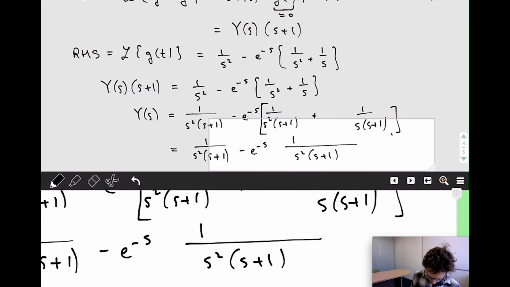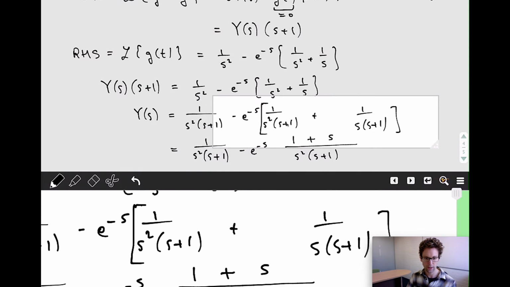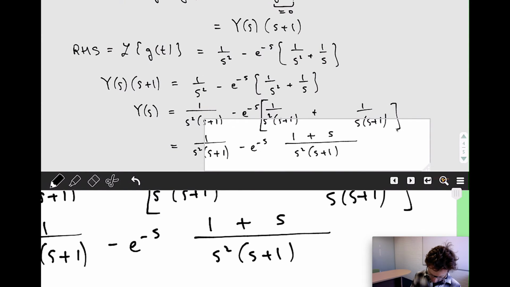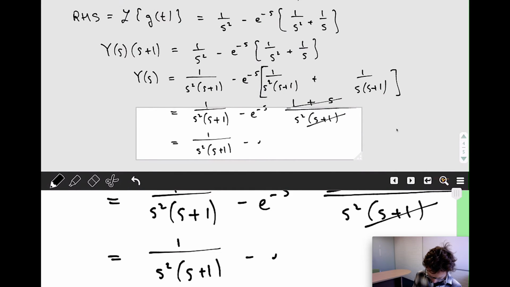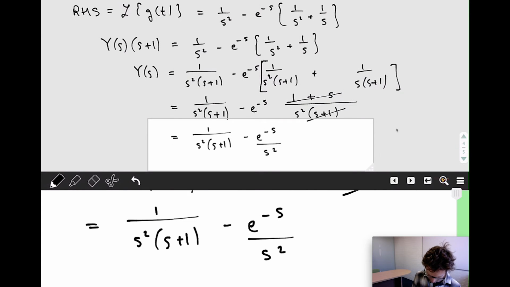I'm going to have a 1 plus s on top, right? I'm pulling out s squared times s plus 1, so that gives me a factor of 1 there, and I've got s from the second term. So you can see that there's going to be a cancellation between the s plus 1 there and the s plus 1 there. And I'm left with e to the minus s all over s squared.